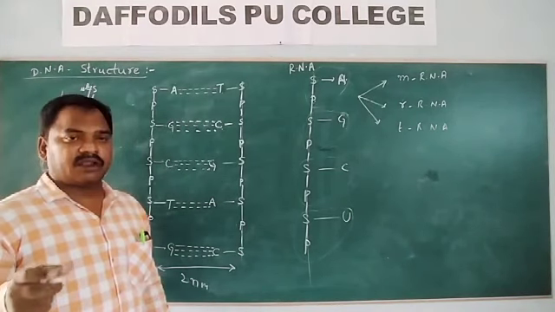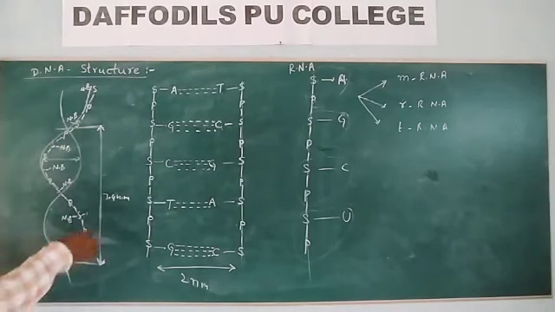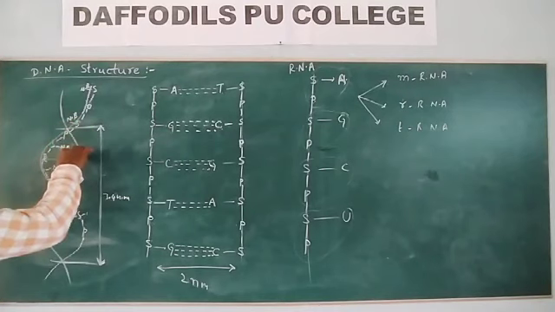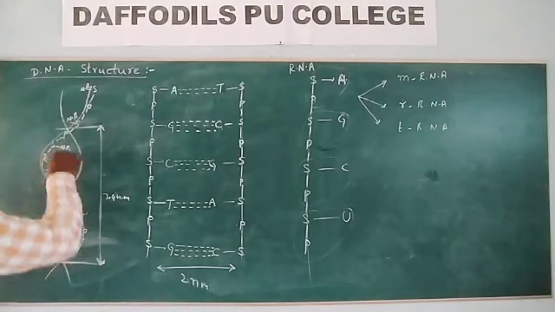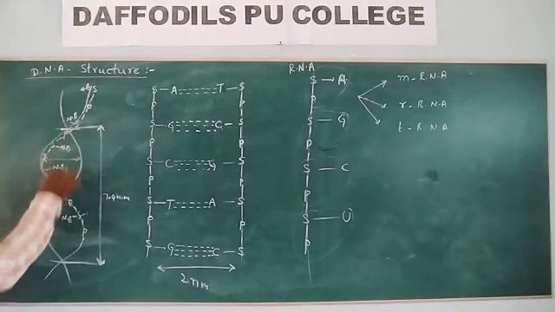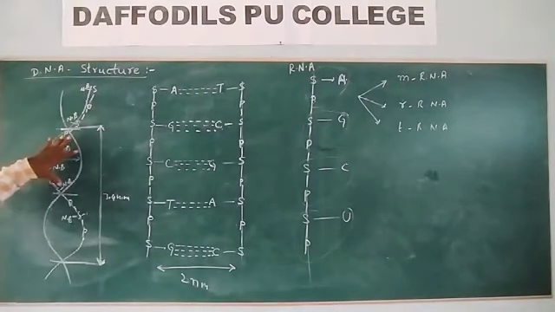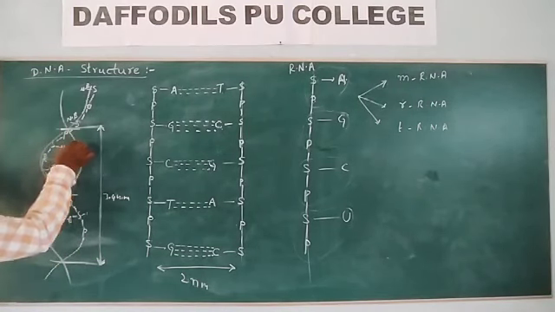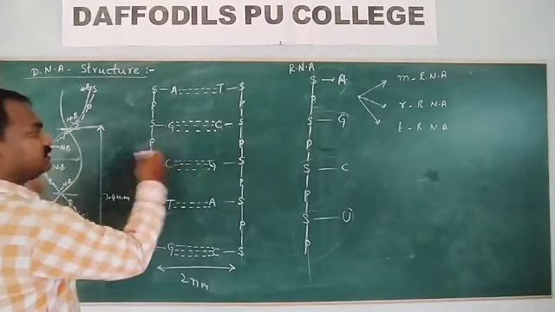Whenever we are trying to form a specific type of protein, at that time a part of the DNA, not all the DNA, suppose I am taking from here to here, is going to unfold, meaning all the nitrogen bases come outside. Actually, these nitrogen bases are present inside.